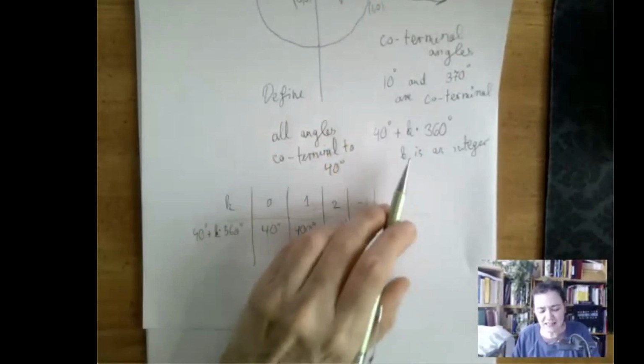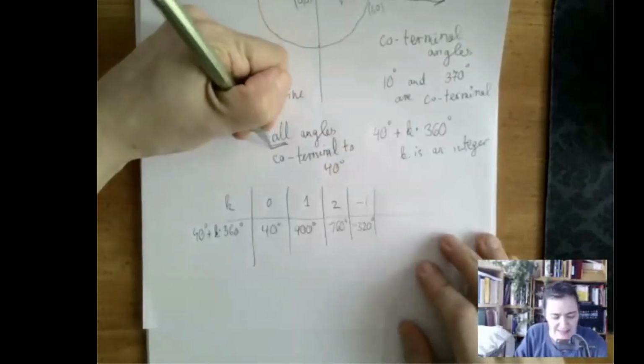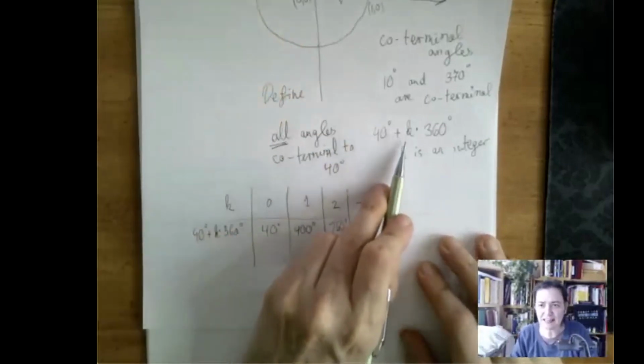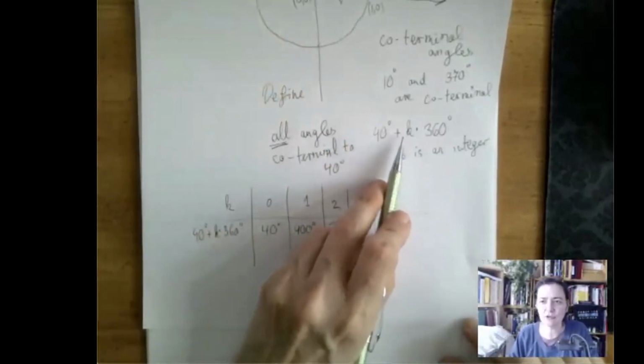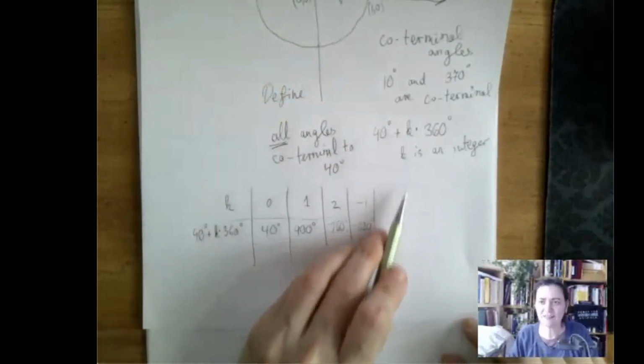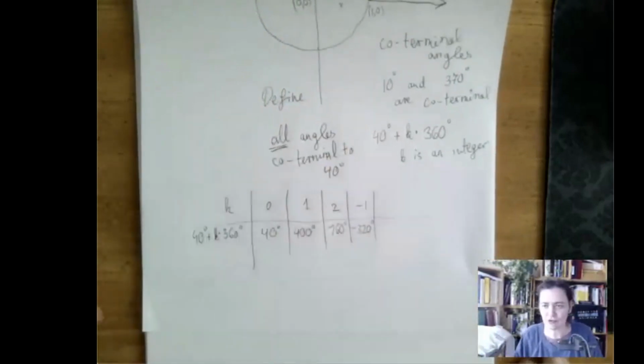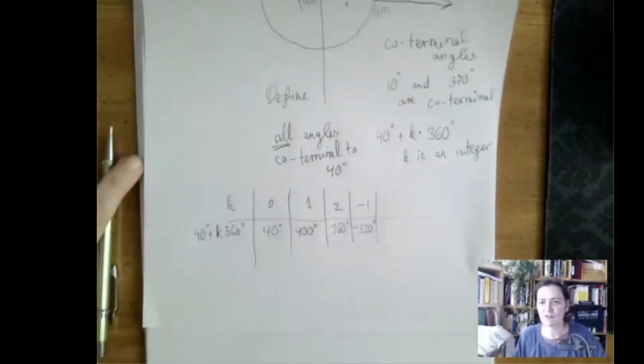And this k is kind of strange because it's not like x that casually takes a value we're looking for. If we want to express all of them, we have to force k to take every integer value: 0, 1, 2, negative 1, negative 2. It's not just some integer with a casual value, it's actually all of them to pick up all of the angles. It's a one-to-one correspondence. For every value of k, there is a coterminal angle.